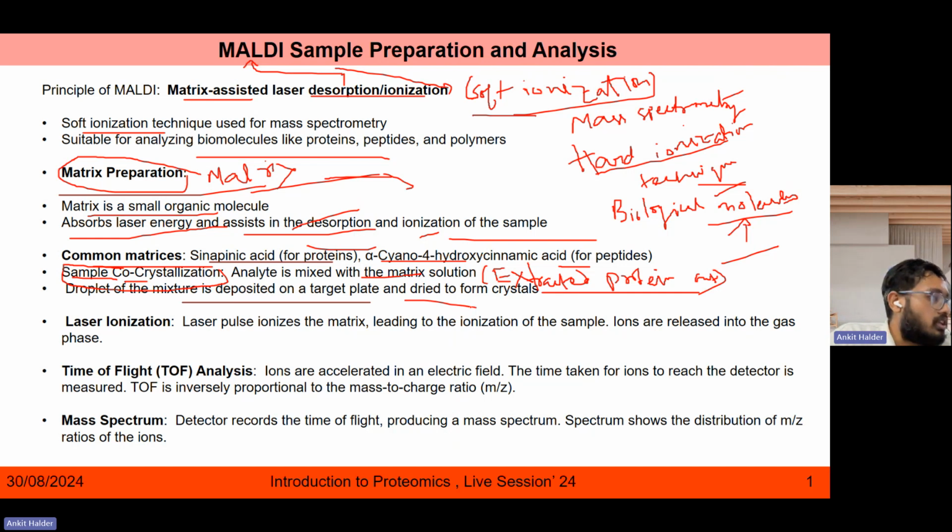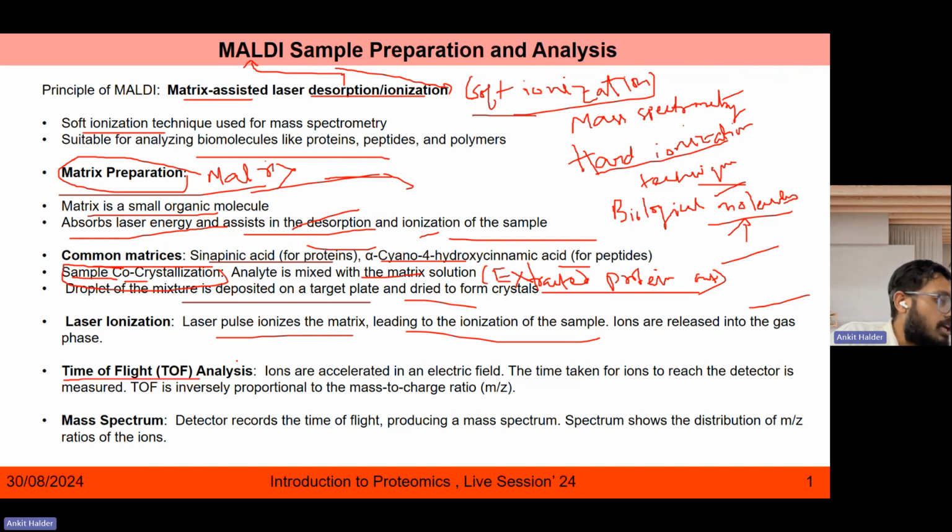your crystals. Then finally comes the laser ionization: the laser pulse ionizes your matrix, leading to ionization, and ions are released into the gas phase, which is injected through the vacuum and then finally goes into the mass analyzer or detector for further analysis.